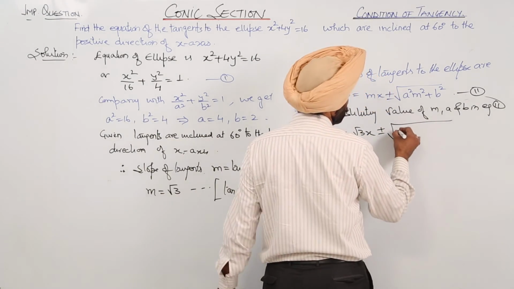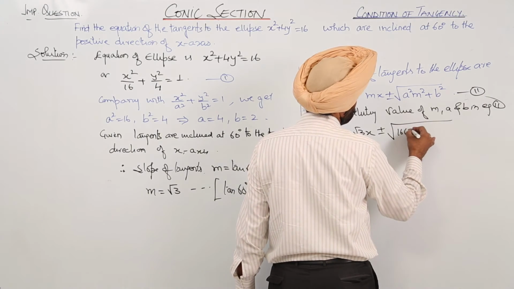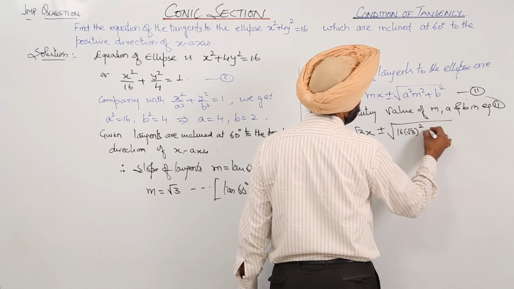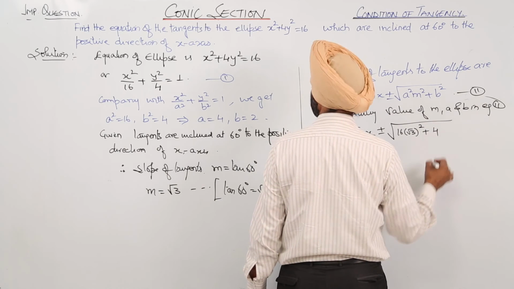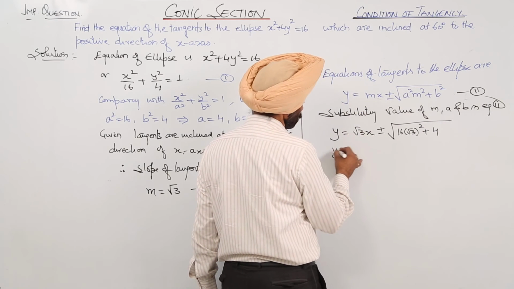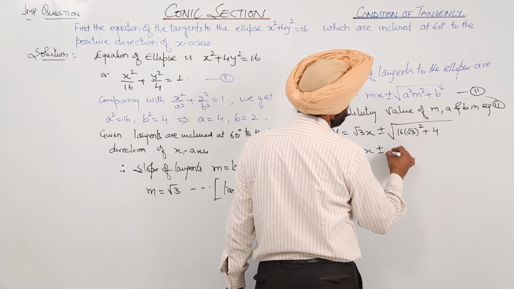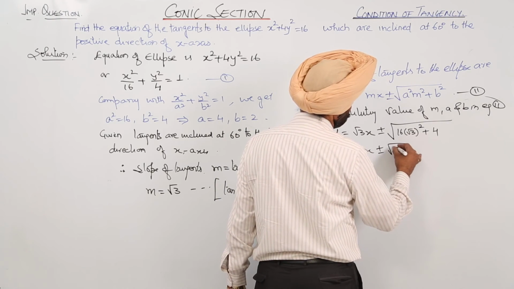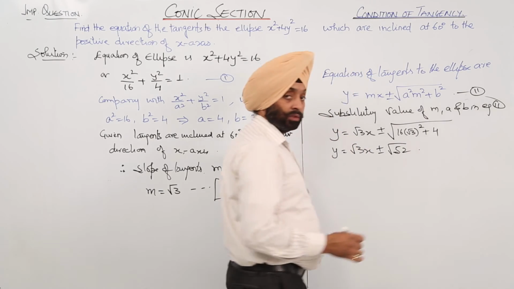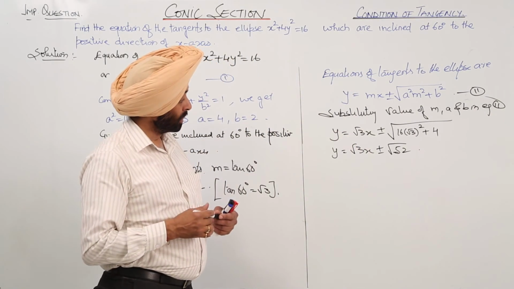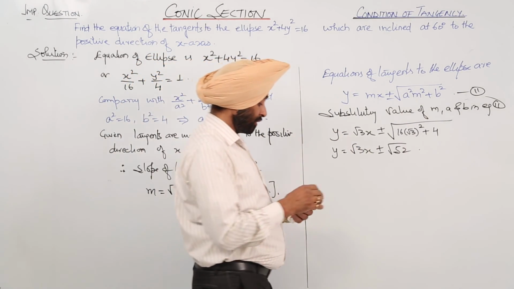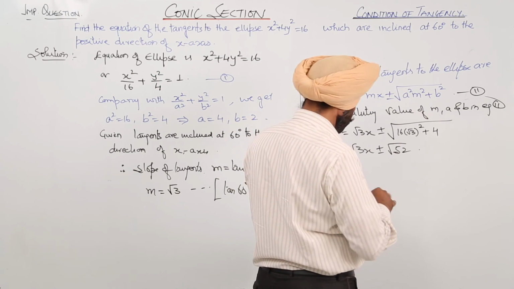A square is 16. 16 times root 3 square plus b square is 4, plus minus root 52. 16 times 3, that is 48. 48 and plus 4 is 52.